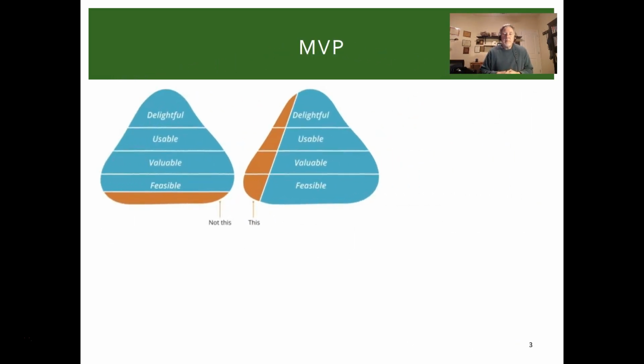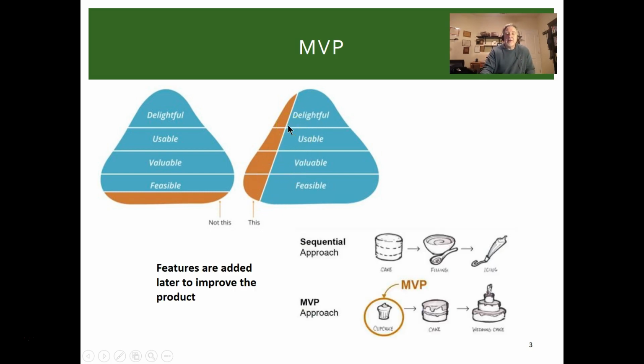So what we mean by that is, as we talked about the wedding cake example, if you just put flour in, that's not going to do the job. Or you have a car and you just have tires. But if you can work across this matrix of considerations, feasible, valuable, usable, and delightful, that's what a minimum viable product is.